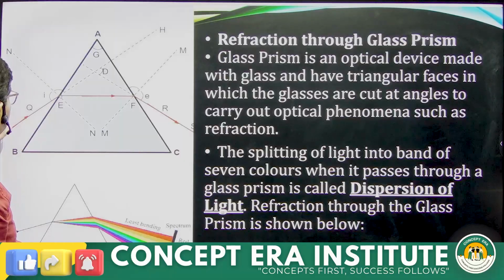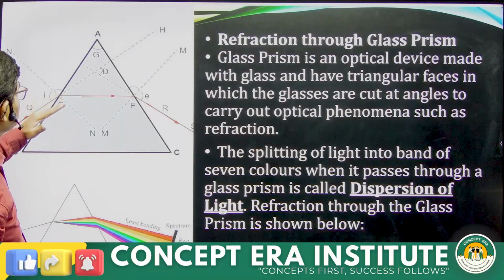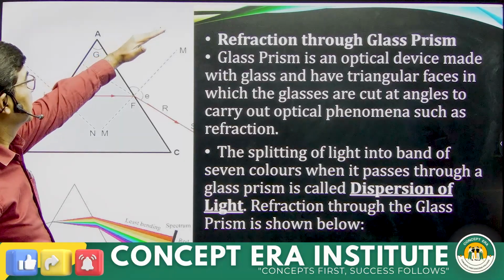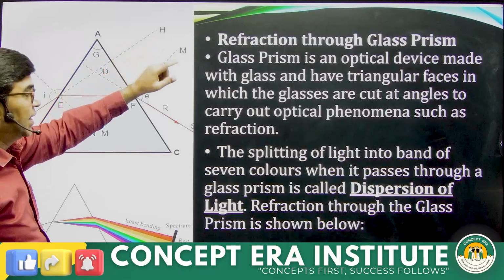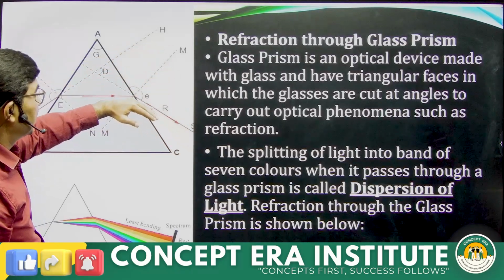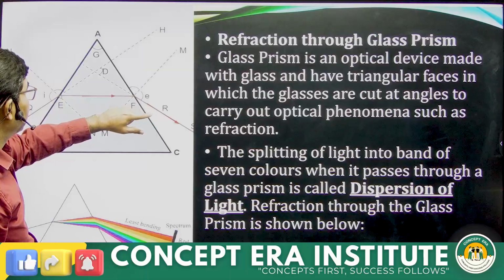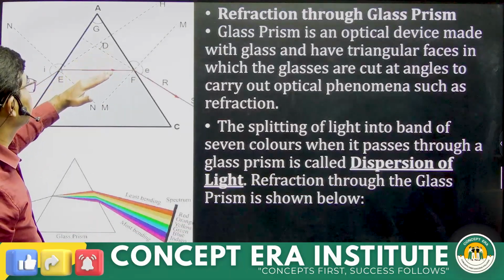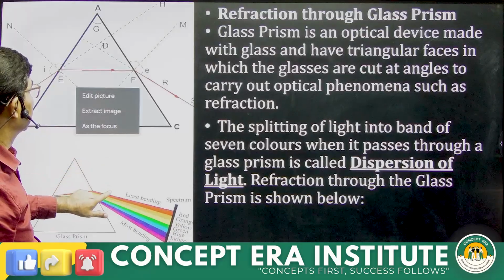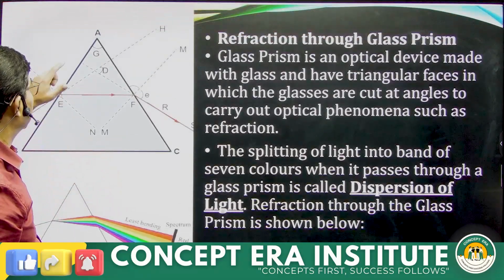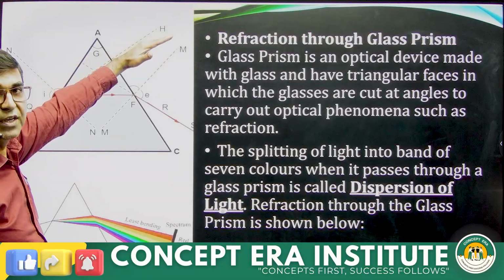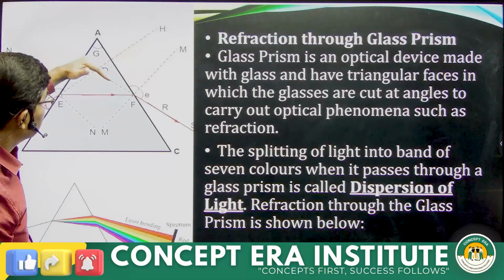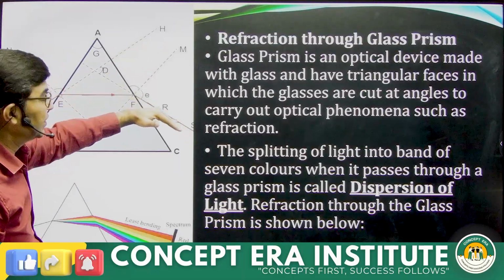Now if we produce the incident ray up to a point H and we produce the emergent ray up to the point D, we see that EH is the original direction of light and the emergent direction is FS.